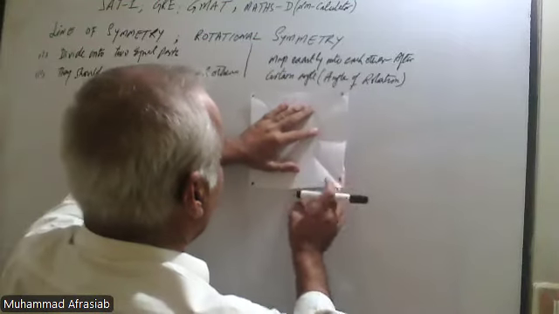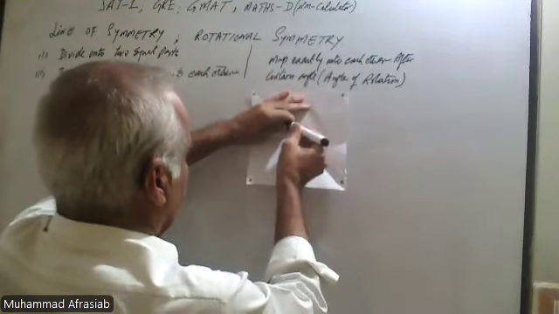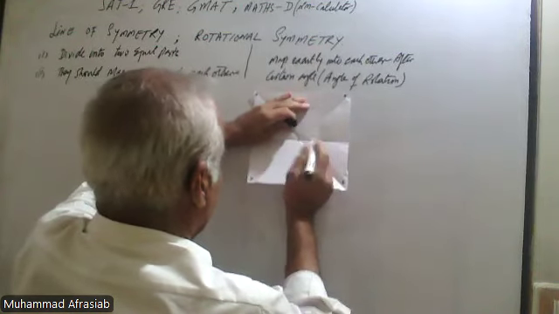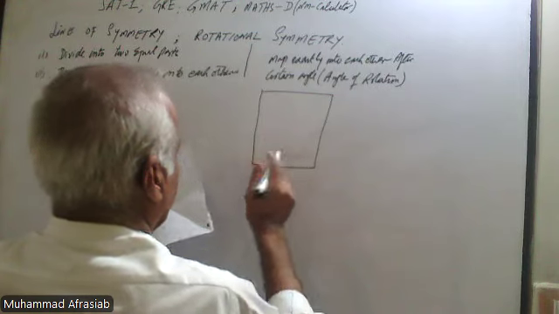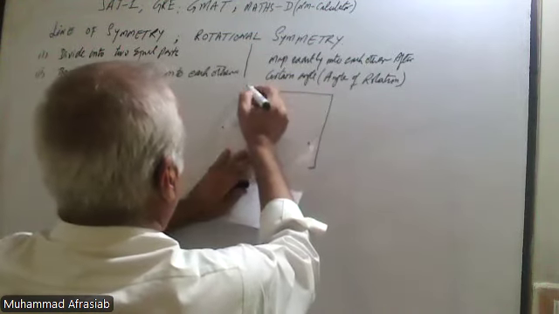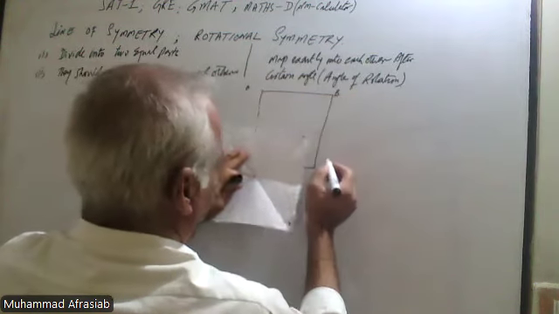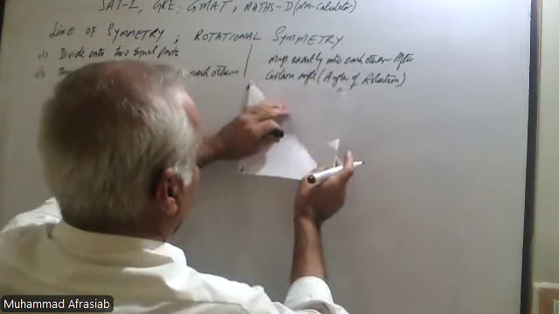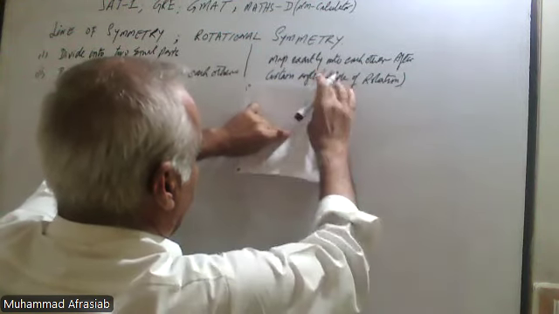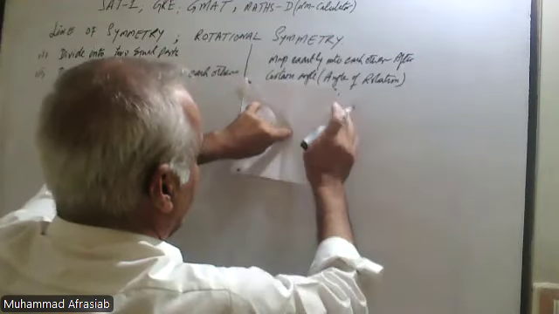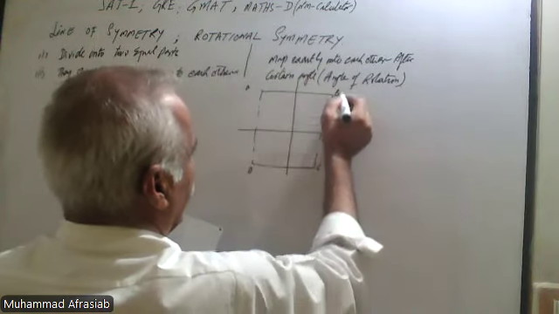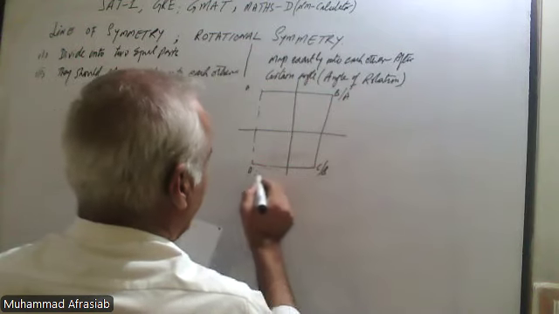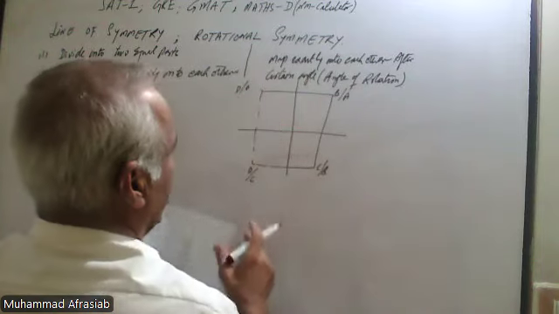This is the square we are going to work with, and this is the center of the square. Let's label the corners A, B, C, and D. Now if you rotate it through this angle one time, the figure will become like this: B will be at A's position, and the others will shift accordingly, C to the B position and D to the C position.